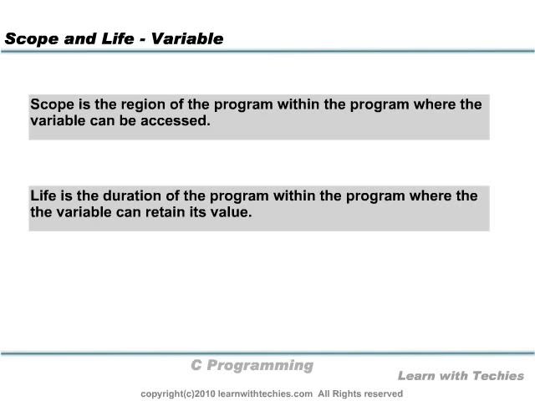The variables with automatic storage class can retain value only within the block where they were defined. The moment the block is exited, the memory assigned to the variable is discarded, and the life of the variable ends. But with static storage, the memory belongs to the variable until the program ends. Hence, the variable is alive throughout the program execution time.